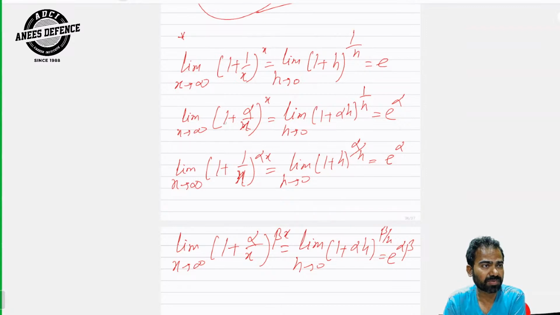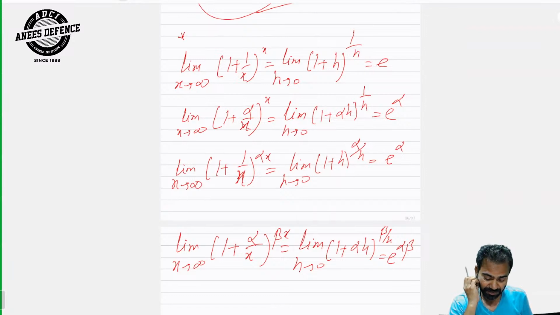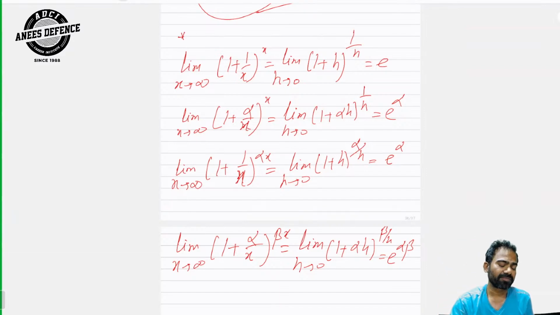Similarly, x tends to infinity, 1 plus alpha upon x whole to the power x, equals limit h tends to 0, 1 plus alpha h whole to the 1 by h, is equal to e to the alpha. Limit x tends to infinity, 1 plus 1 upon x whole to the alpha x, equals limit h tends to 0, 1 plus h whole to the alpha upon h, equals e to the alpha.